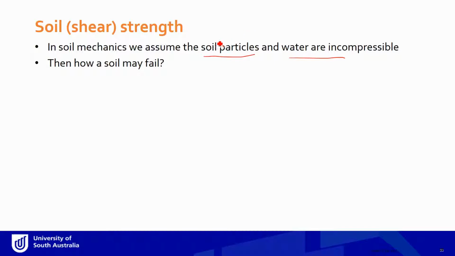Again, they're not incompressible or indestructible, but within a range of engineering interest of stress, let's say 10 or 20 kPa to few megapascal, it is sort of true, and we always try to make our life easier, calculations easier, so we use this assumption to make our life easier. Now, if that is true, how a soil might fail?